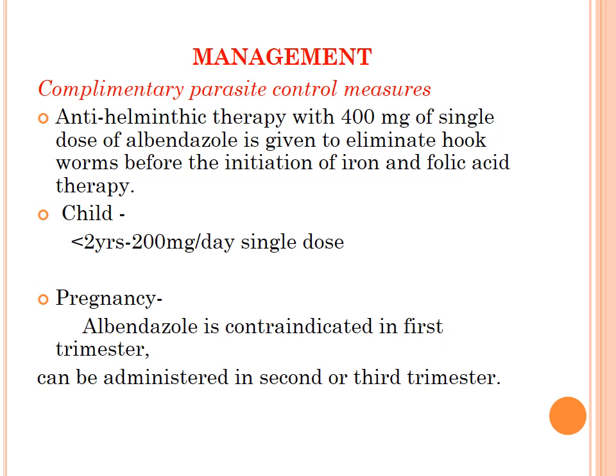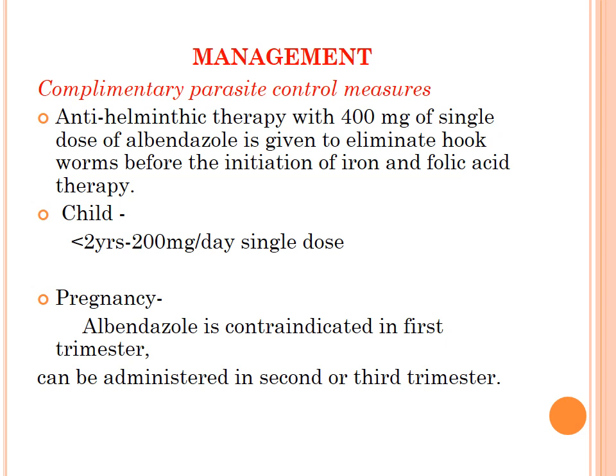We give anti-helminthic therapy. वो कितना होता है, 400 mg ऑफ सिंगल डोज ऑफ एल्बेंडाजोल। उसके बाद हम उसको देते हैं आयरन एंड फोलिक एसिड थेरेपी। For example, in children greater than 2 years we will give 200 mg per day single dose. If there is pregnancy, albendazole is contraindicated in the first trimester and it can be administered in the second or third trimester. This is management for complementary parasite control measures.